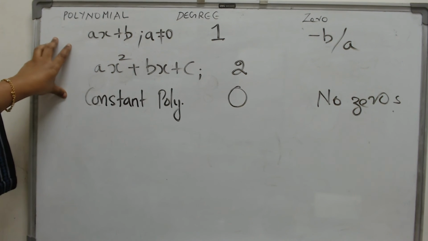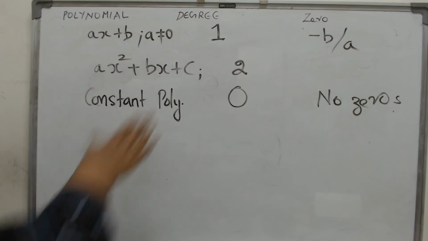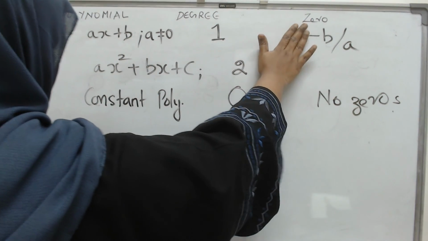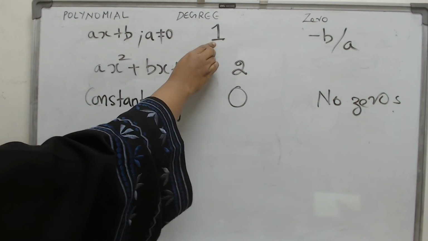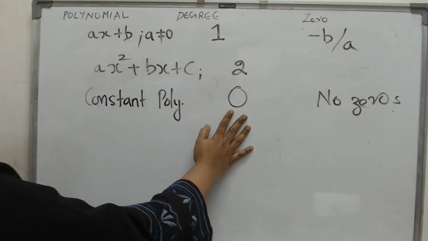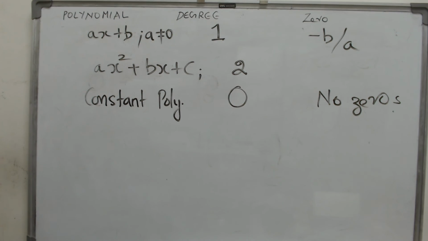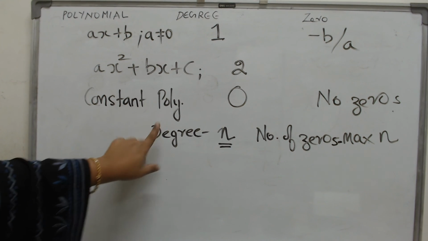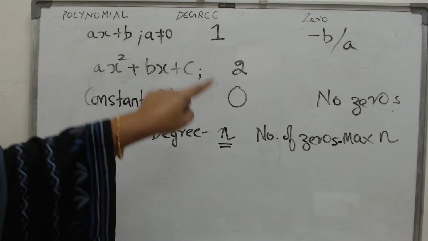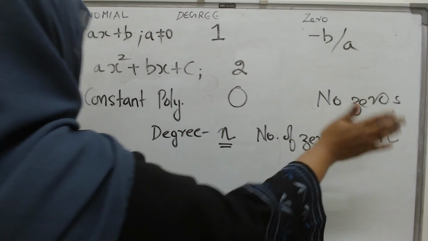Now let us wind up our class. Let us see what is the relationship between the degree and the 0. Now look at this. When your degree is 1, you have 1 zero. When your degree is 0, you have no zeros, or in other words, you have 0 zeros. Now, what does that tell you? If the degree of any polynomial is n, its number of zeros will be maximum n.